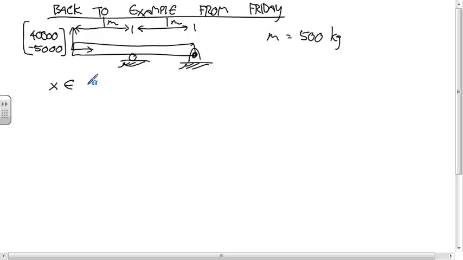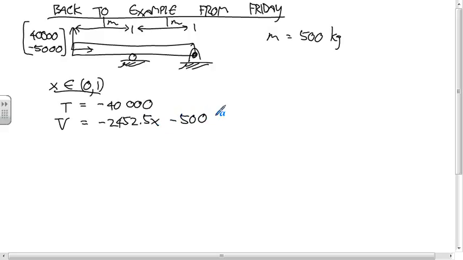And so for x values from 0 to 1, we had T equals negative 40,000, V equals negative 2452.5x minus 5,000, and M equals negative 1226.25x squared minus 5,000x.